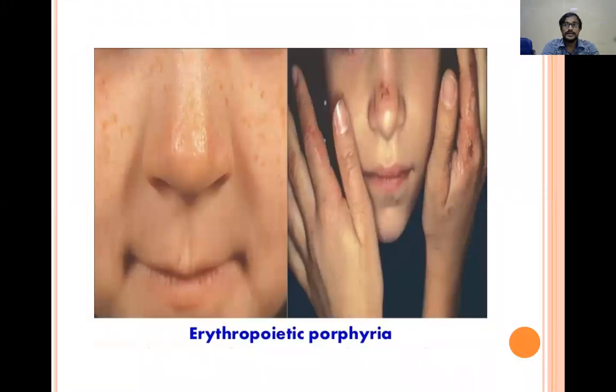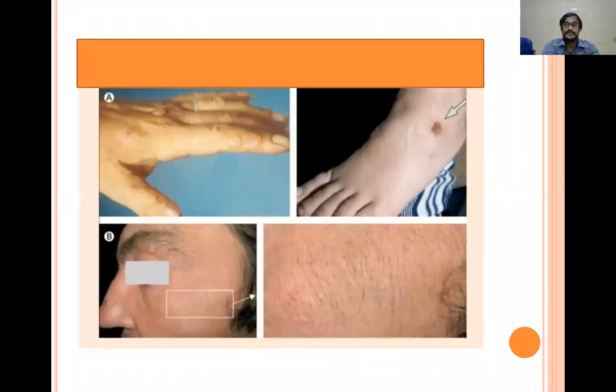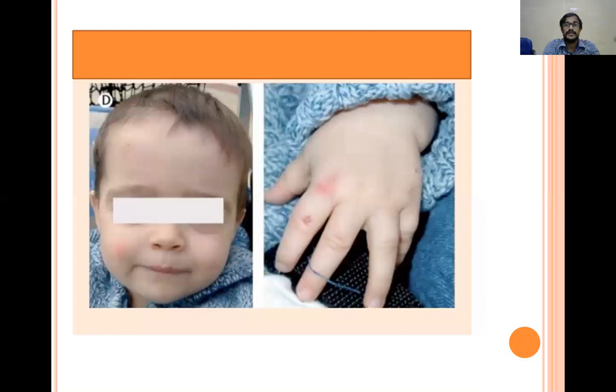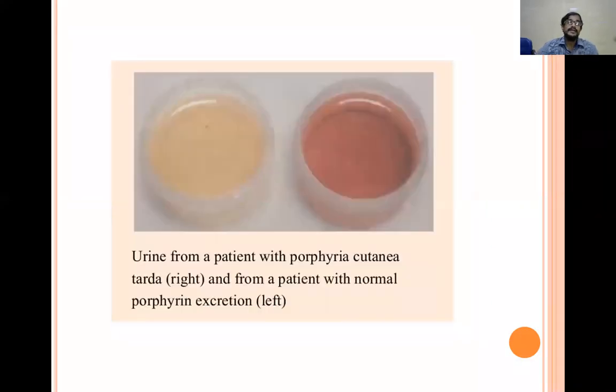So these are some pictures of porphyrias. Here you can see the wolf skin-like changes of the skin. And this is the normal urine on the left side.